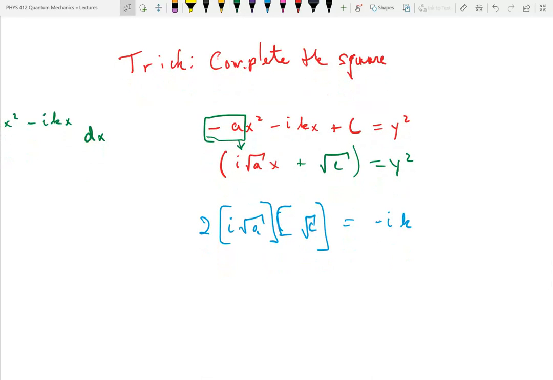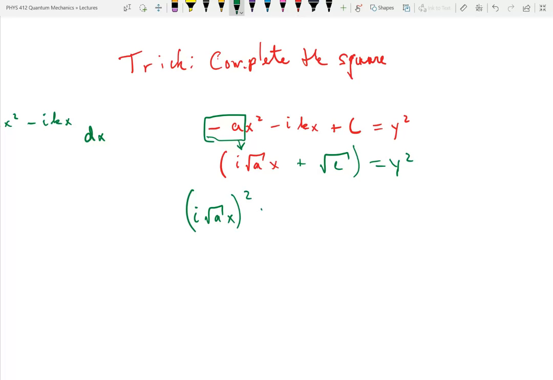And so then if I were to actually expand that, squaring this, I'd have that.